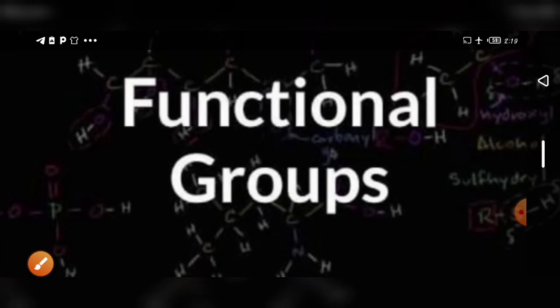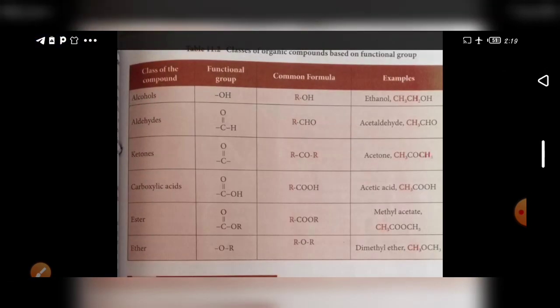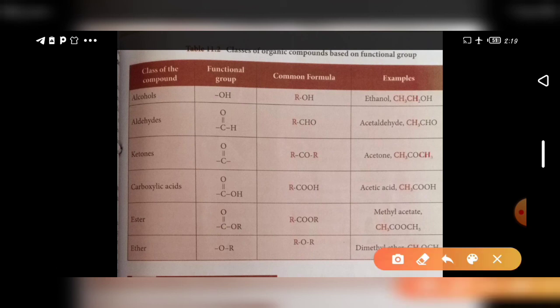Okay, what are the functional groups that are present? Already we saw that. Types of functional groups we also see here. See here, in your book they gave only a few functional groups, which you can read in this lesson; it will be enough. Okay, class of compounds: alcohols, functional group OH, common formula ROH. You don't need to see the example now; in later videos I will explain those things.